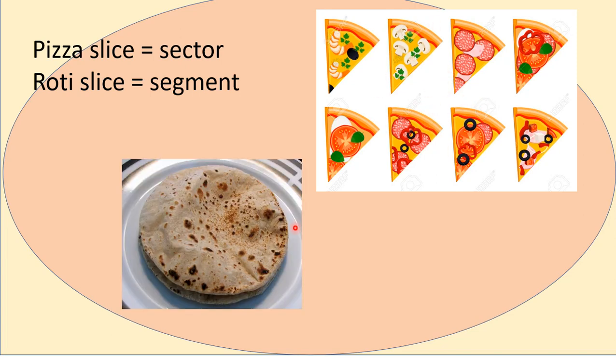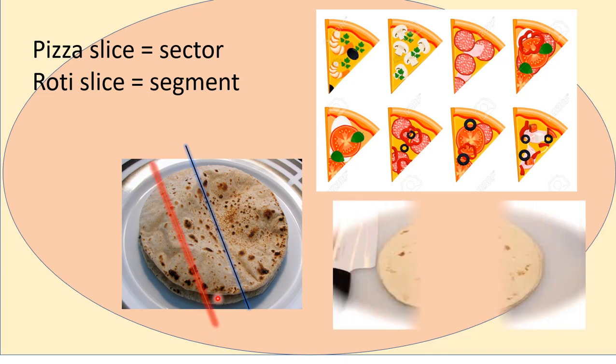And when we have a roti, chapati, which we always use to eat, when we fold this chapati in this way, by the diameter or by the chord, then the figure we get is known as the segment. By this figure we can identify. So this is very easy to remember, that a sector is in the form of a pizza slice, and a segment is the part of the roti slice. So you can remember very well.